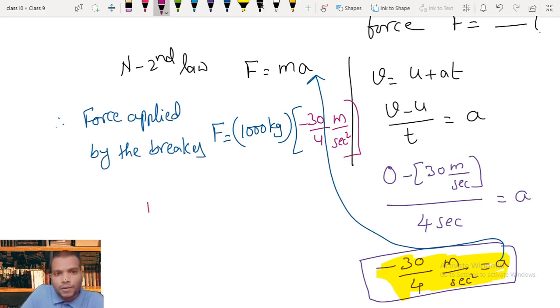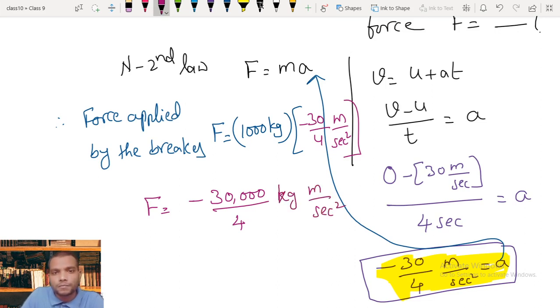Now let's simplify. First we multiply in the numerator: minus 30 times 1000 becomes 30,000 upon 4, kg meter per second square.